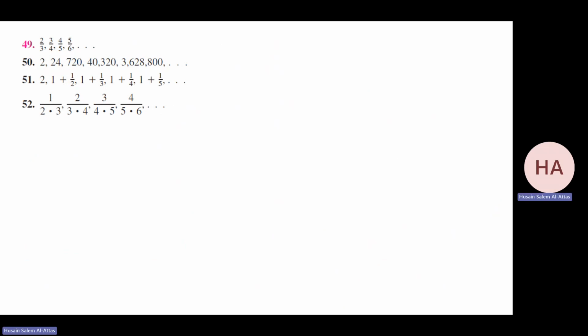This one, 49. I think it's very clear. I have 2, 3, 4, 5. So my a_n will be what? Starting from n equal 1, that will be n plus 1 over n plus 2.